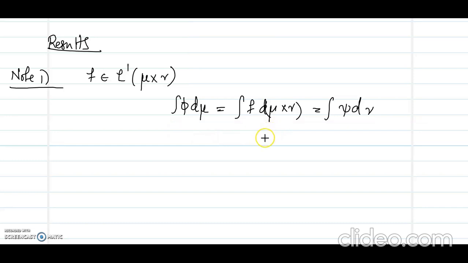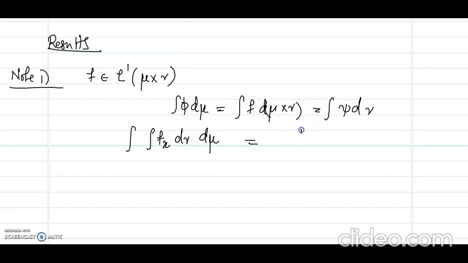So when you replace phi and xi, we will have integral phi, that is integral fx dr d mu.